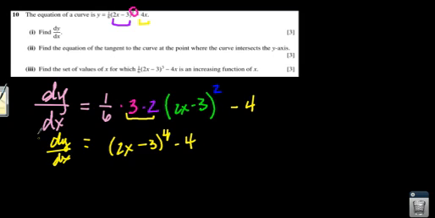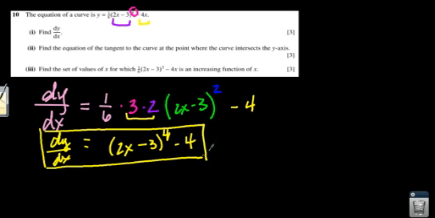And now what they want us to do is find the equation of the tangent to the curve at the point where the curve intersects the y-axis. Where anything intersects the y-axis is the y-intercept, and we know that all y-intercepts have an x-coordinate of 0.